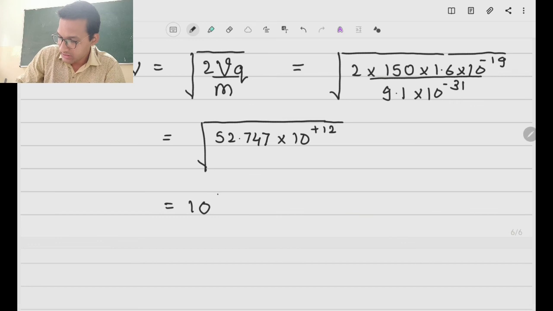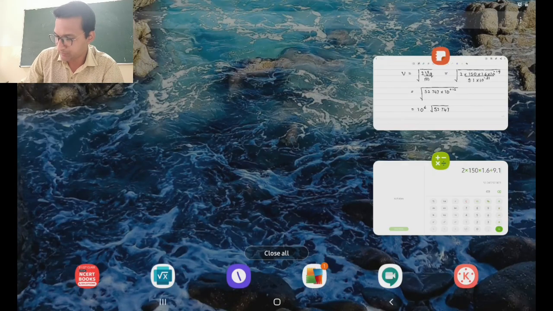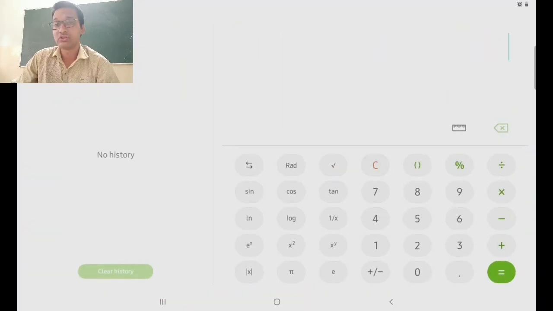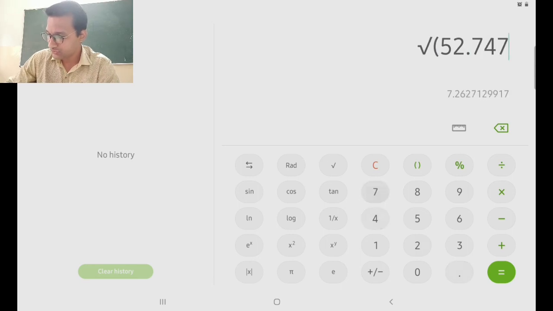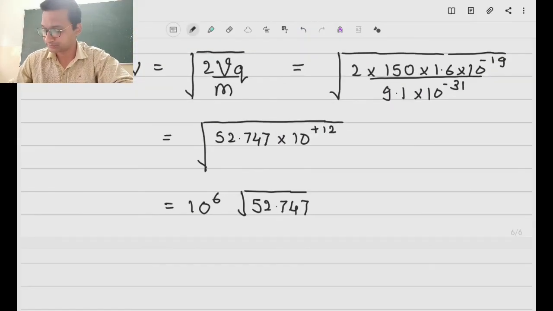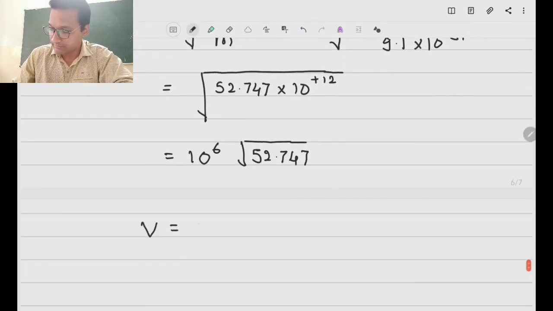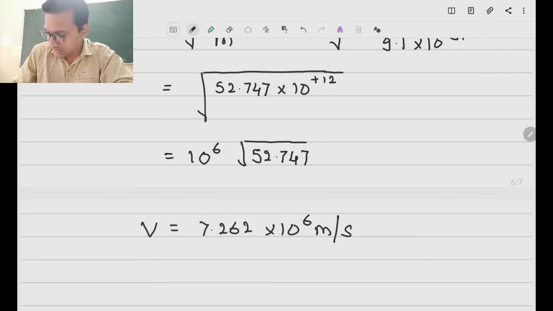We'll take this 10 raised to plus 12 outside, we'll get 10 raised to 6, and we'll have to find square root of 52.747. So let us try to find the square root of this. Square root of 52.747 will be 7.262. So final answer will be 7.262 into 10 raised to 6 meter per second. This is the answer for velocity.